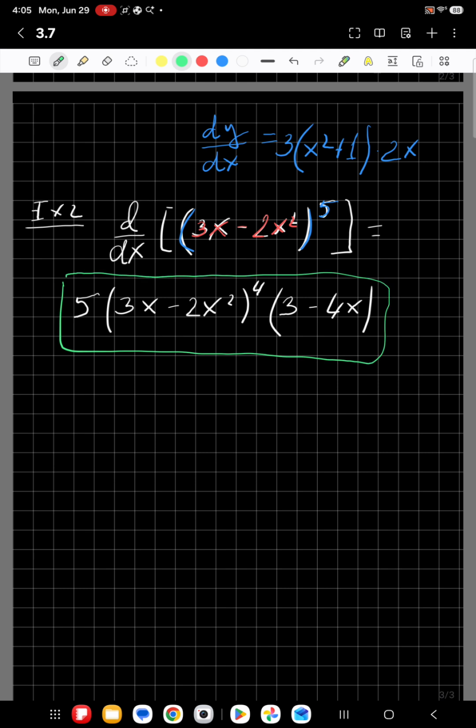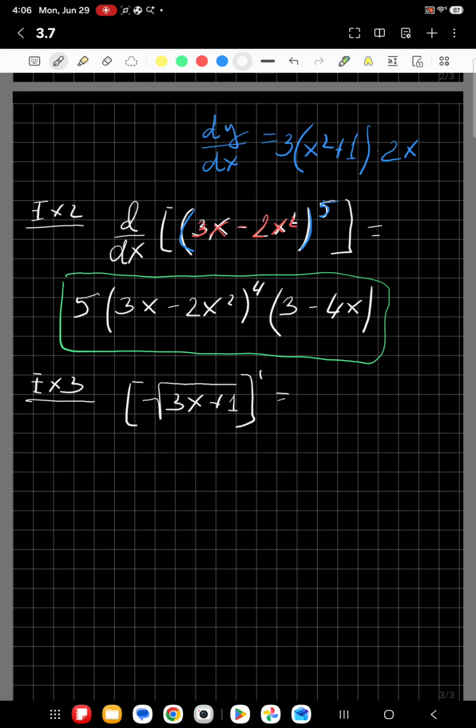Okay, so we'll do more, obviously. Example 3. And yeah, this time we have the square root of 3x minus 1. That's the function we need to take a derivative of.